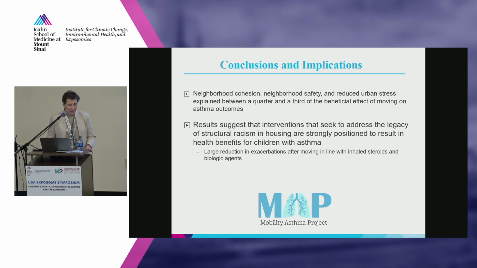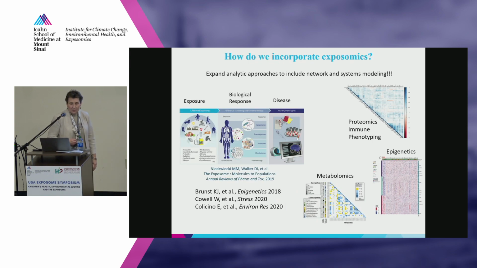It's a huge effect, suggesting that interventions that seek to address the legacy of structural racism in housing and other policies are strongly positioned to result in health benefits in children, not just with asthma, but with other things. This is a small trial. We have to start doing these kinds of studies, asking these kinds of questions, and incorporating all these things together.